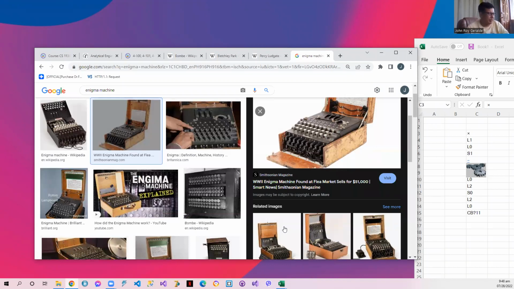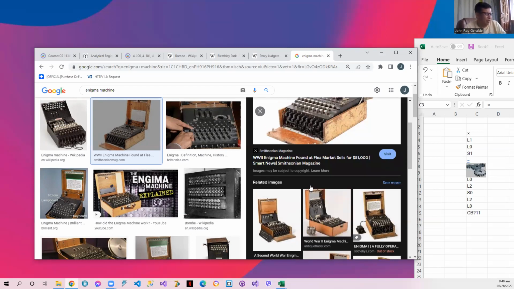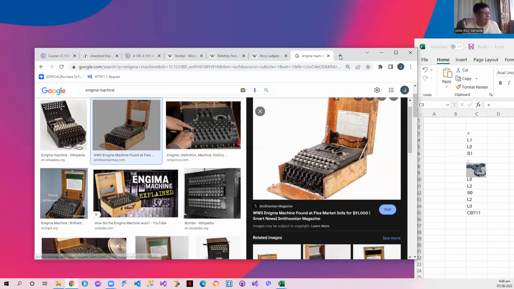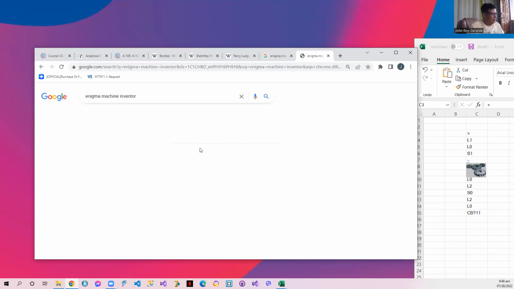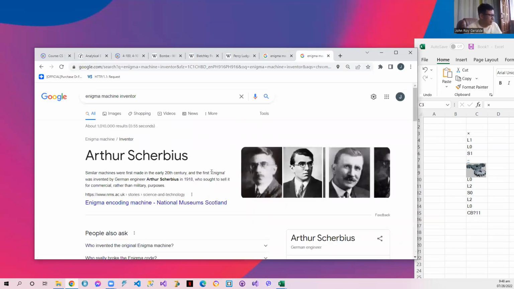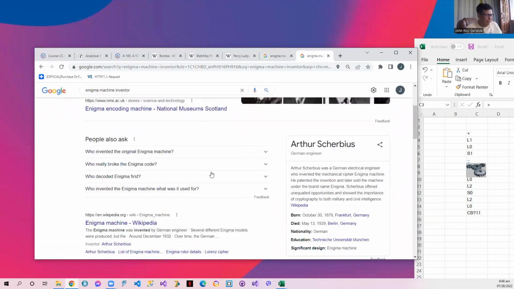Instructions, messages, and commands sent to the troops in the battlefield are encrypted using an automatic encrypting machine called the Enigma machine. Who invented this? Arthur Scherbius, in Germany.